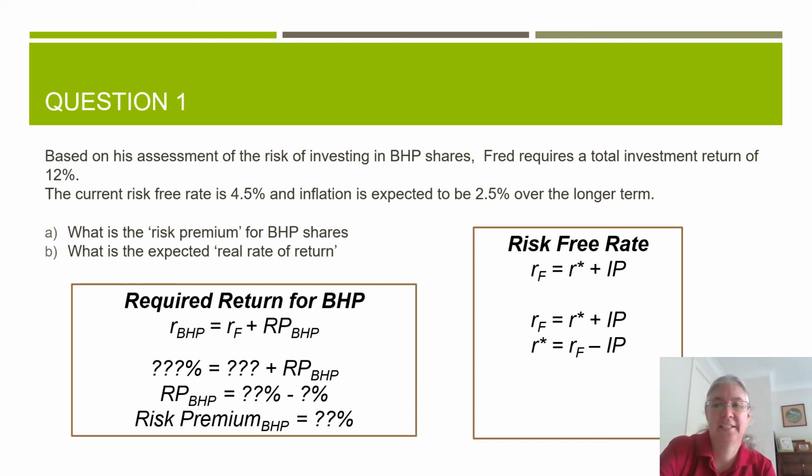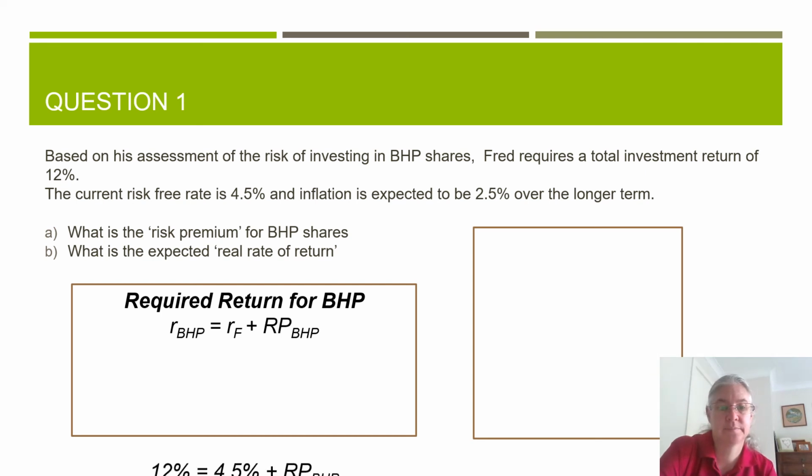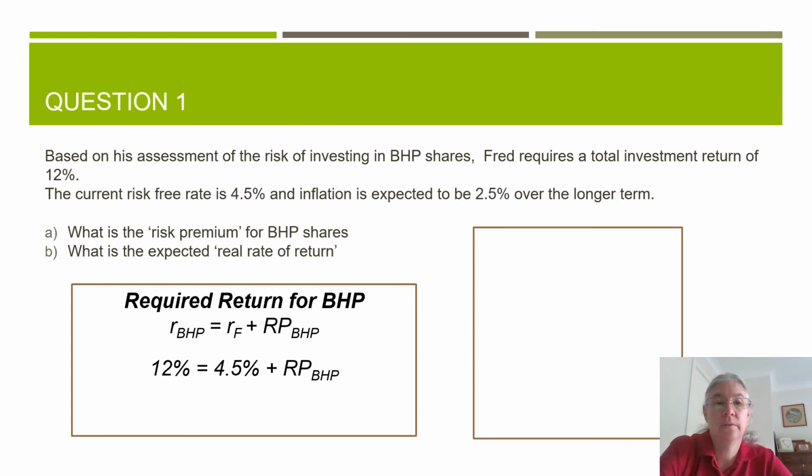Let's go and have a look at the answers. Okay, required return for BHP. So we know that Fred requires a total investment return of 12%.